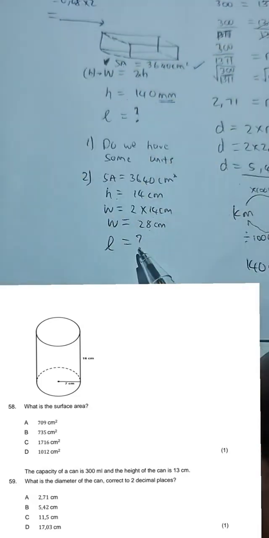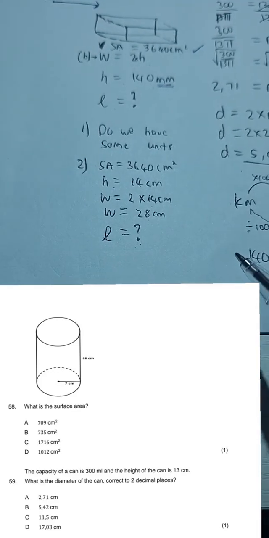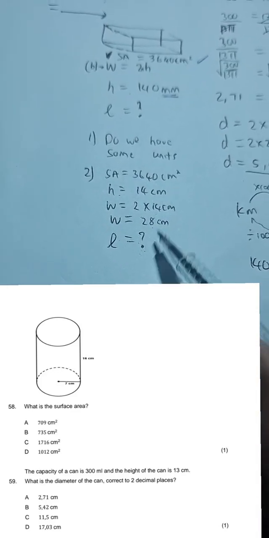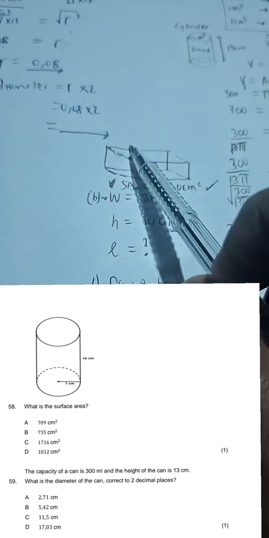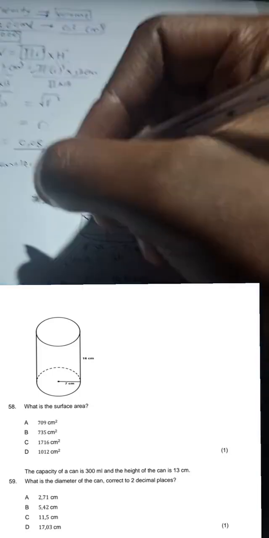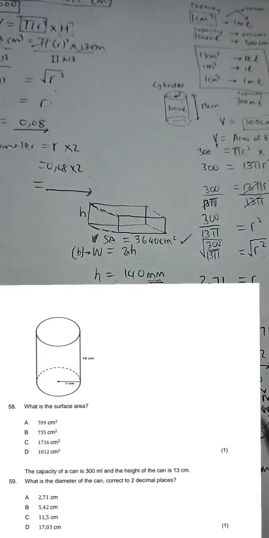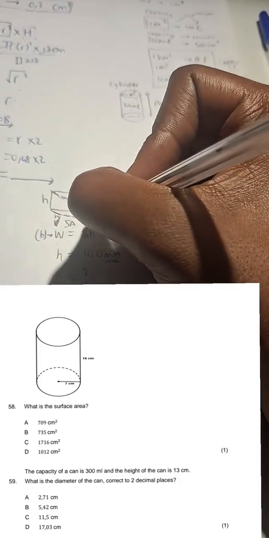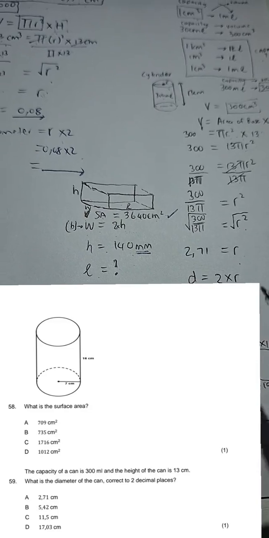The question was, what is the length of the rectangular prism? Now guys, this is the height of a rectangular prism. This would be the width and this is the length.